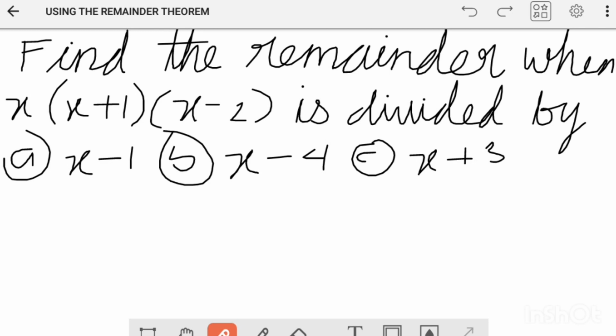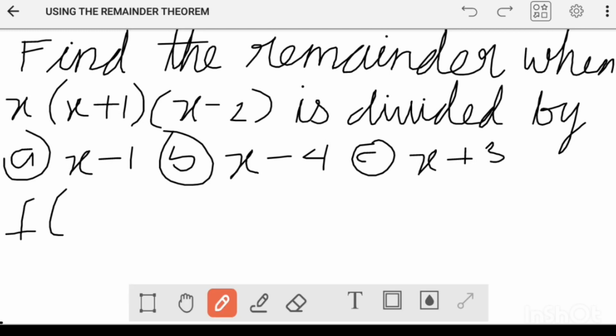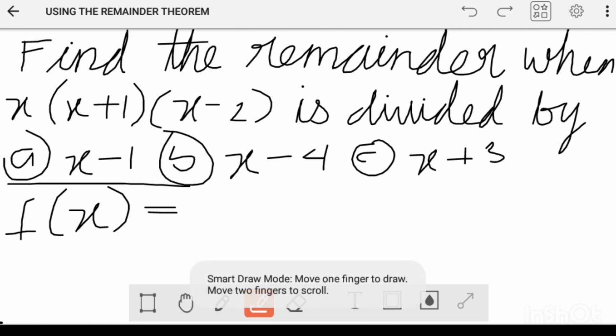3. So starting this, the first thing we do is to find the actual expression for the polynomial, which has x multiplied by x plus 1 and also x minus 2.